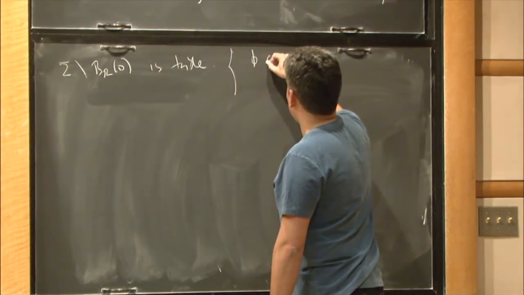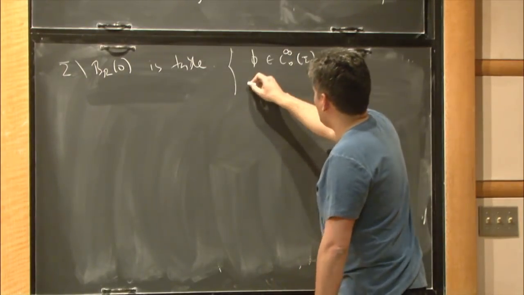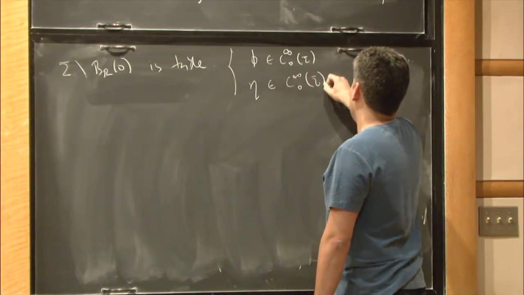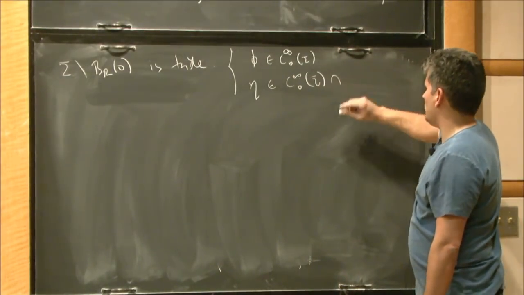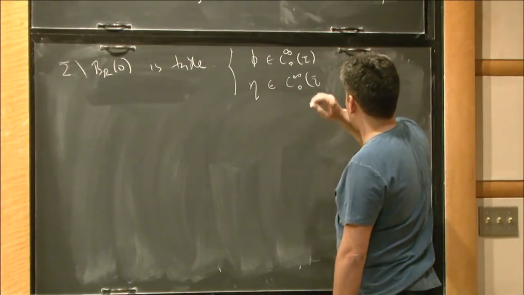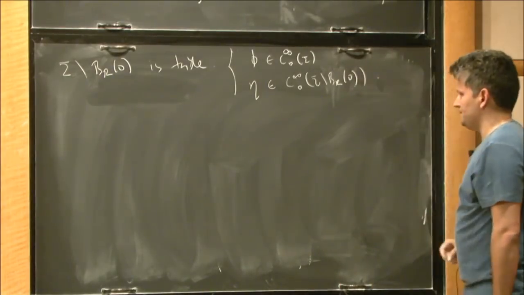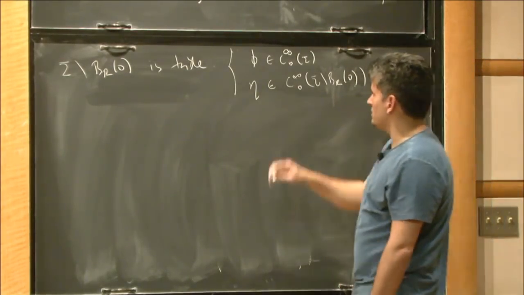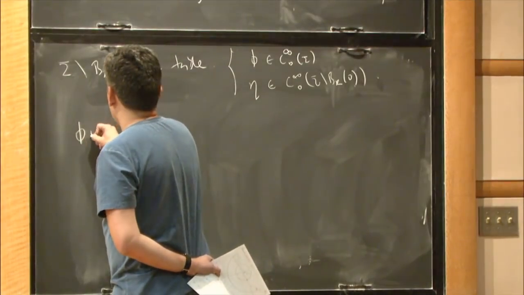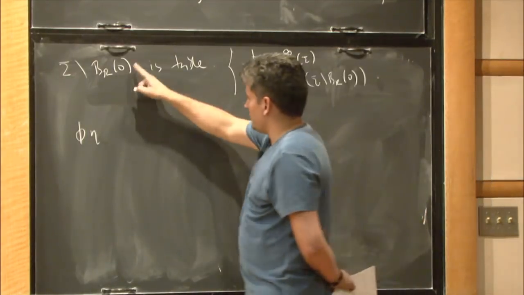If I take any test function phi and another test function eta, which is supported outside of that, so it's 0 in the ball, then when I multiply them, I get that phi eta has support where the surface is stable.